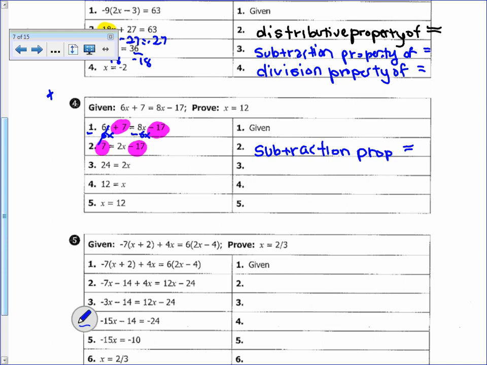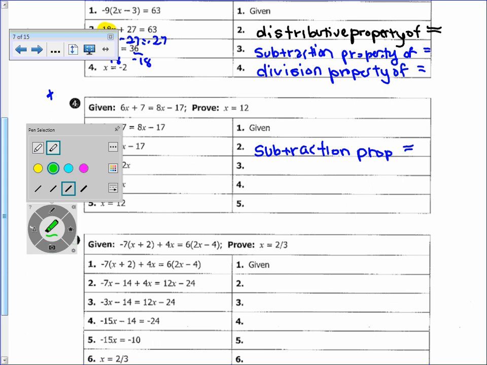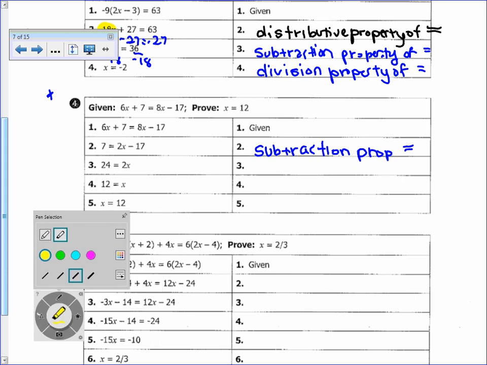Now, let's look at what they did next, from step 2 to step 3. So, let me erase this highlighted part. Step 2 to step 3, right? If you think about what did they change? Well, if I look, 2x is still the same.